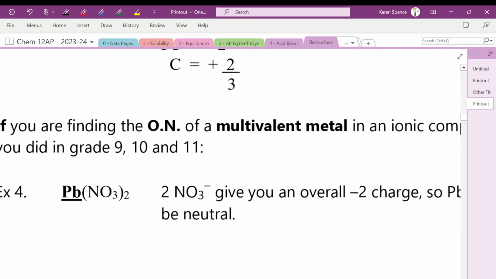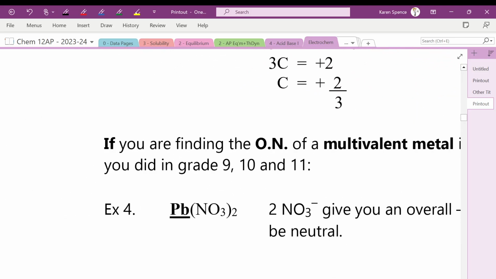Okay, now let's see you get one like this. What is the oxidation number of lead in Pb(NO3)2? Many people will look at this and think, oh my gosh, I don't know the oxidation number of nitrogen. How am I going to find this?